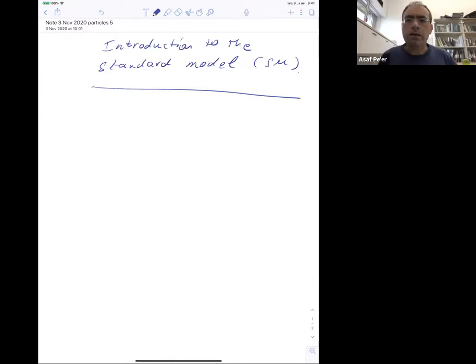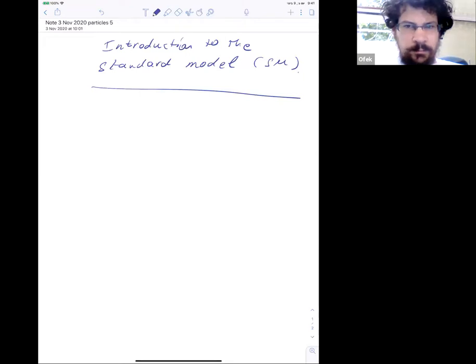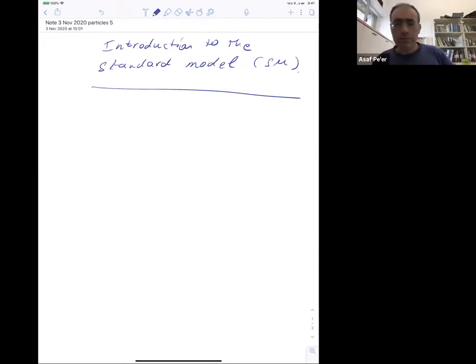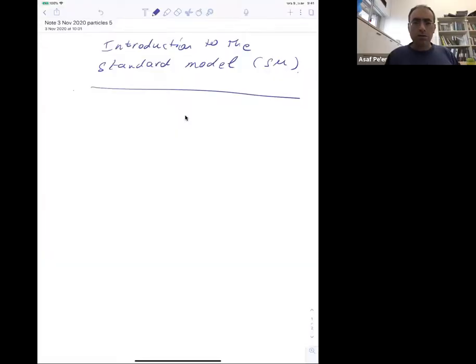I don't understand what's happening. It looks like some technical problem. Maybe I'm just moving my computer a little bit. Share screen. Okay, I hope it's going to stay like that and not move anymore.